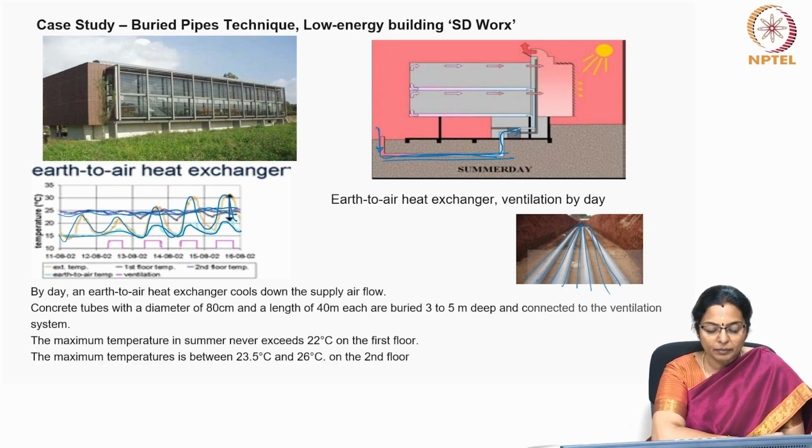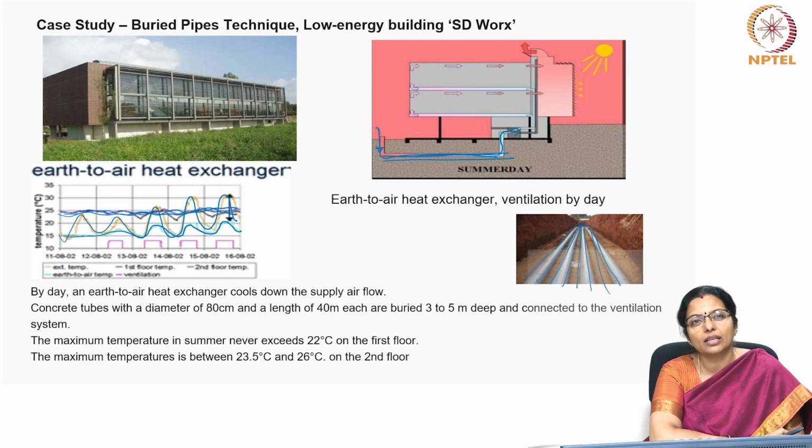So, the maximum temperature in summer never exceeds 22 degrees centigrade on the first floor, and the maximum temperature is between 23.5 degrees to 26 degrees on the second floor, making the indoors extremely comfortable and free from most of the common active means of cooling the building.